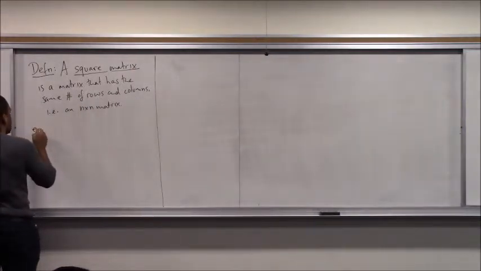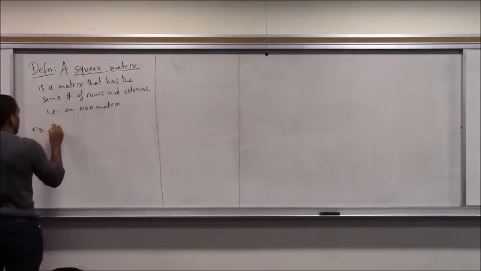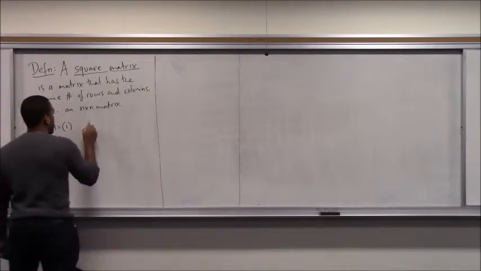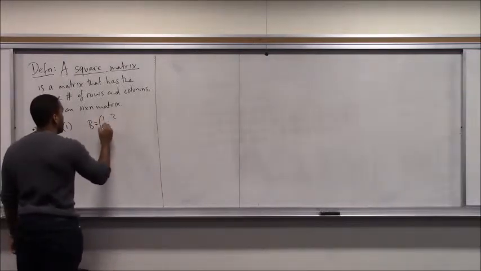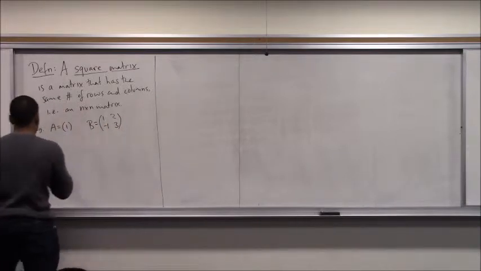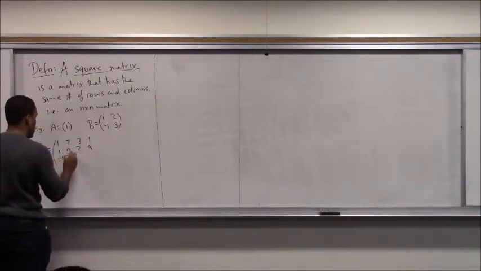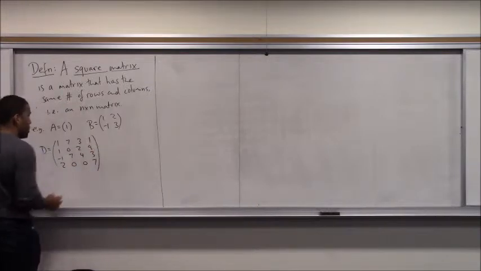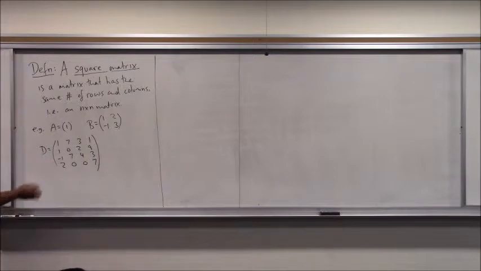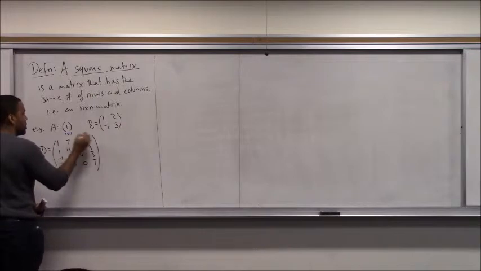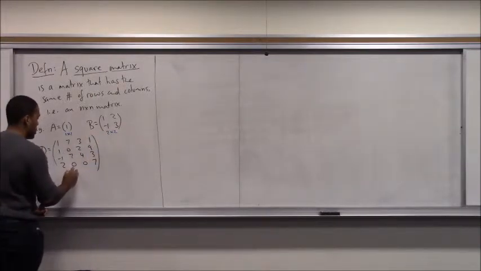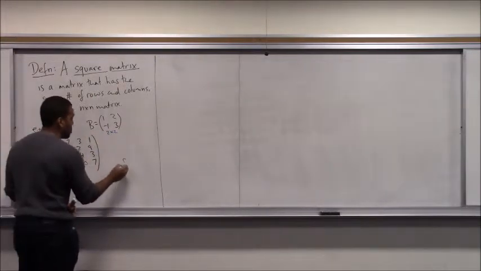So for example, if I look at the matrix A, 1, or the matrix B, 1, 2, minus 1, 3, or the matrix D, 1, 7, 3, 1, 1, 0, 2, 9, minus 1, 7, 4, 3, 2, 0, 7. These are all square matrices. They have the same number of rows and columns. This one is a 1 by 1, this one is a 2 by 2, this one is a 4 by 4.